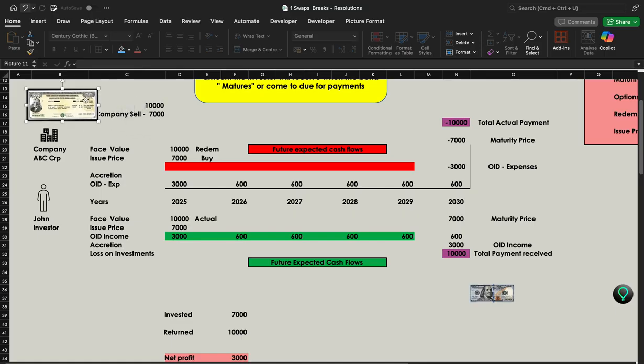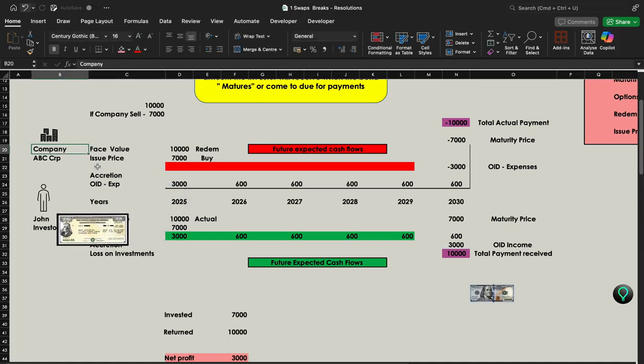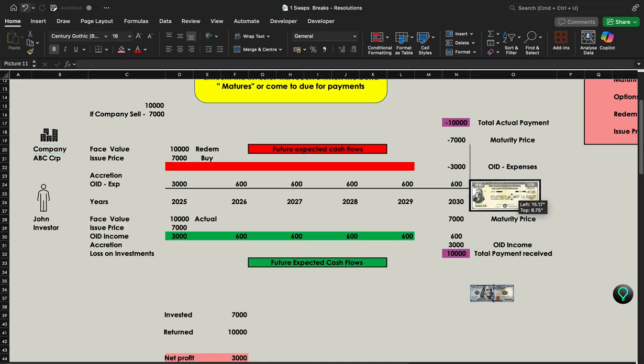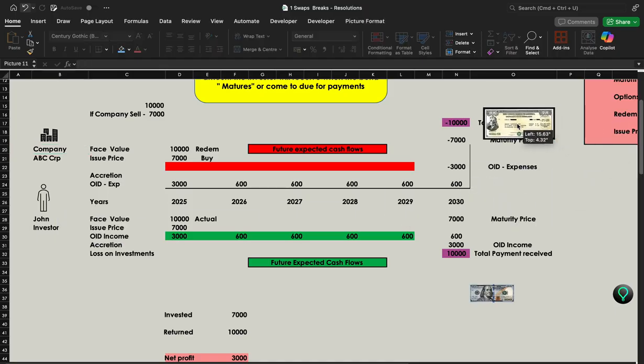Basically, the investor purchases these bonds initially by paying 7,000 to the company, and then at the time of maturity, the company basically purchases the bonds back from the investor by paying 7,000 along with the committed amount or interest payment. So this is how bonds investment works.